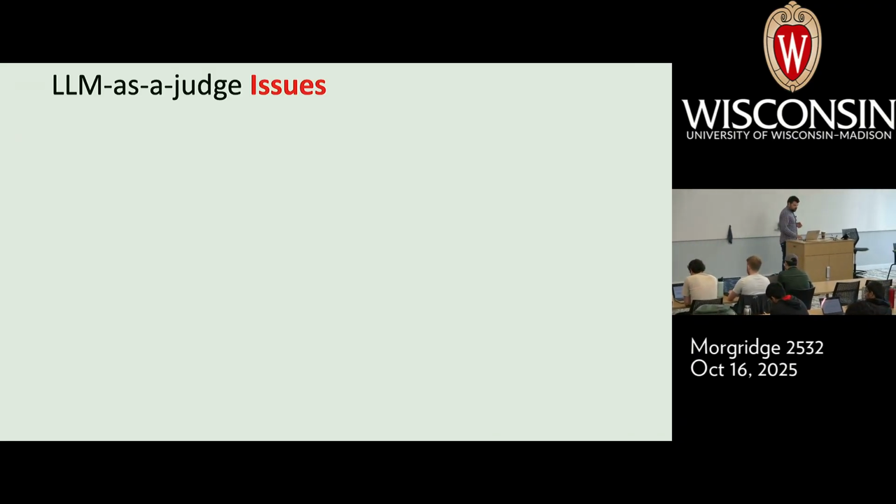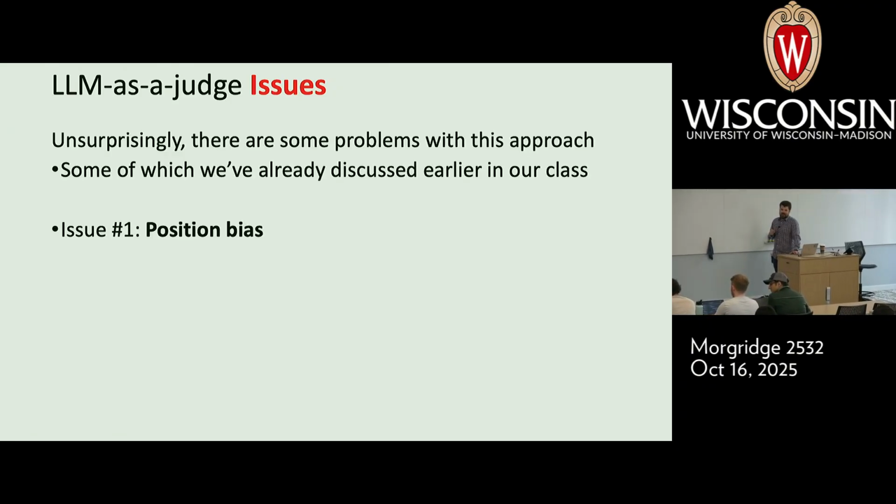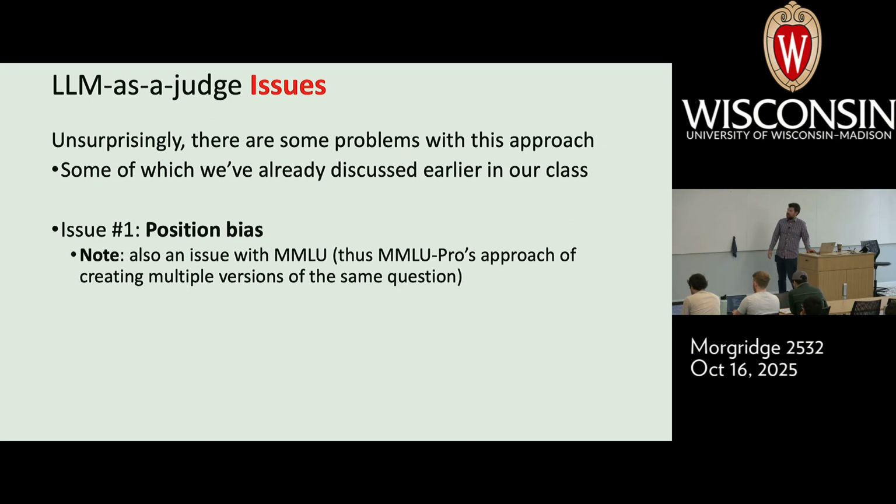All right, so some of the issues. I mentioned cost. One issue that's really funny is LLMs get confused by things. In fact, this is what we talked about in lecture 4 or so, right? We said things like the position of various things inside a prompt matters quite a lot. And here, the prompt consists of the generations from the model we're evaluating. So this really can be a big issue. It's also a big issue of MMLU itself, by the way.